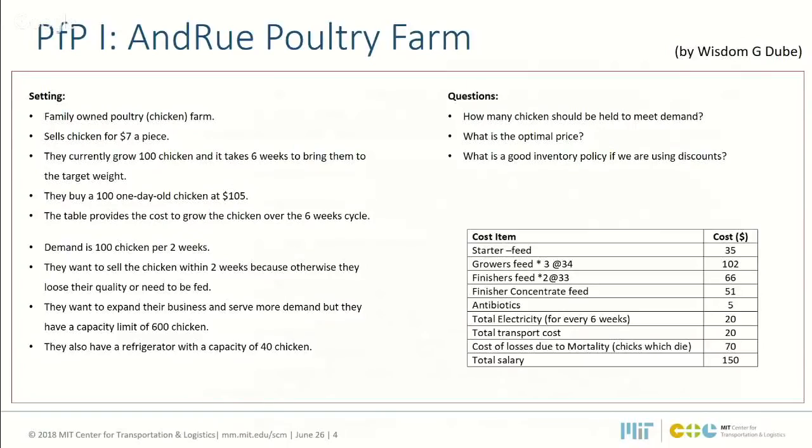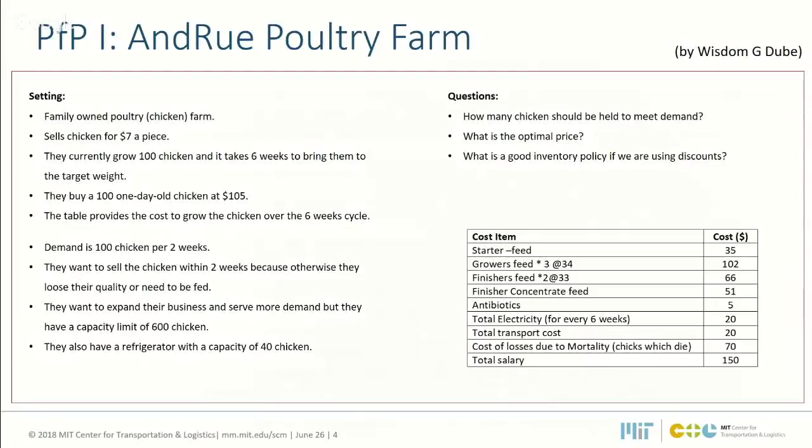So within a 2-week time frame, they want to push out the chickens that have the target weight. Otherwise, they lose their quality, or they need to be fed continuously, which incurs additional costs and maybe also some weight problems, that they get too big. I don't know. I'm not an expert on chicken.